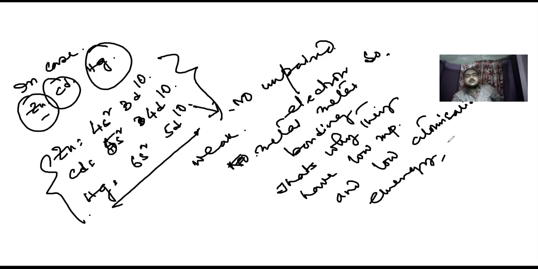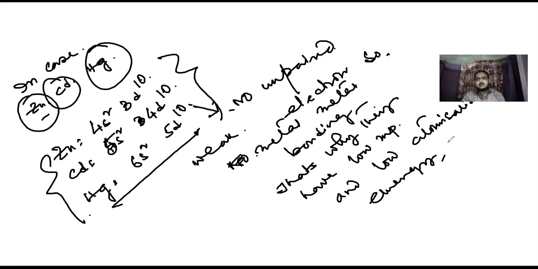So we should remember that the higher the number of unpaired electrons present, generally the higher will be the metal-metal bonding, and that's why the higher will be the difficulty to make the molecule into atoms, and the enthalpies of atomization are so high that they show a very high melting point also.